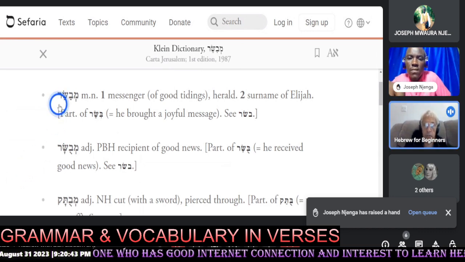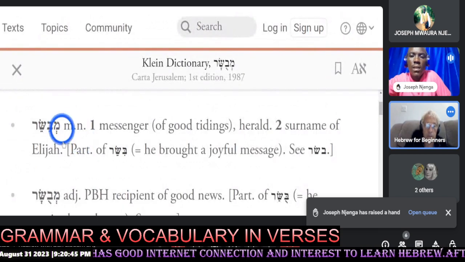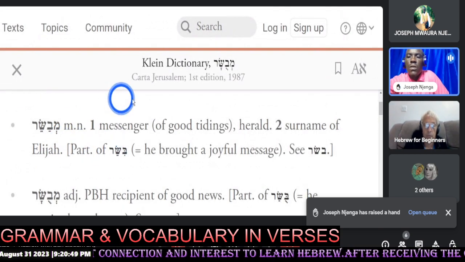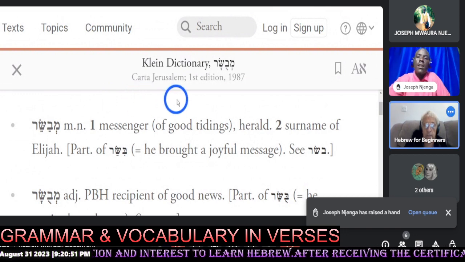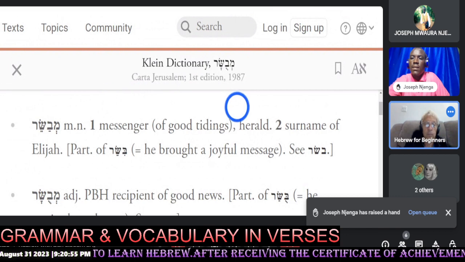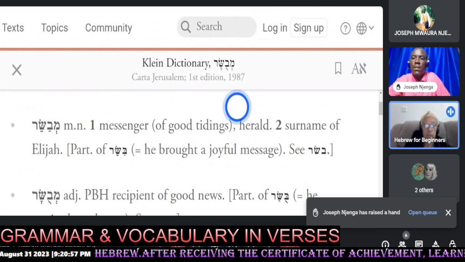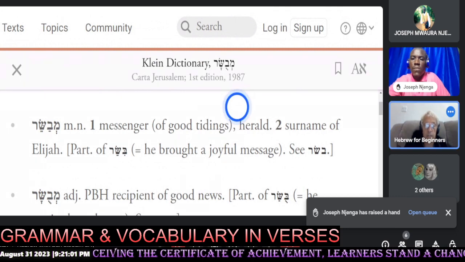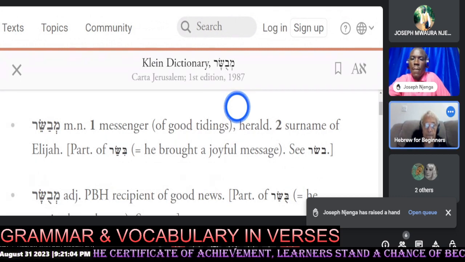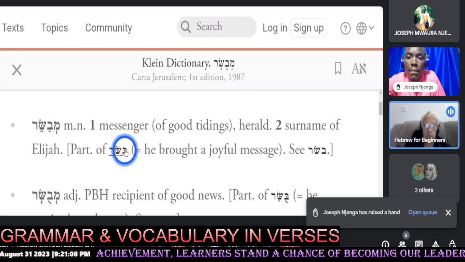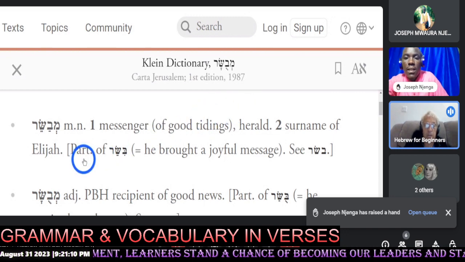Do you want to read that for us, Joseph? Yes, messenger of good tidings, or herald. Very good. Surname of Elijah. So it's called a participle. Bisair. Right, Bisair.